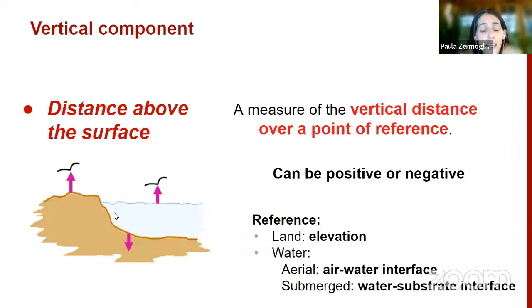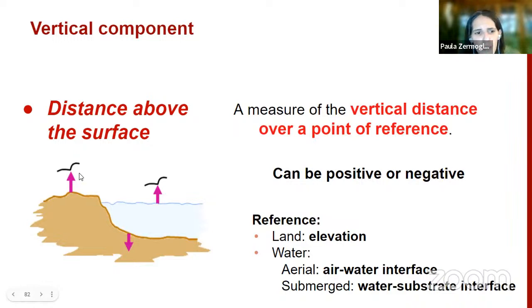And finally, the distance above the surface is a measure of a vertical distance over a point of reference. For example, our point of reference can be, for this little bird on the left, the surface of the land. For this bird on the water, it can be the surface of the water. Or for this one down here, it can be the surface between water and land at the bottom of this water body.